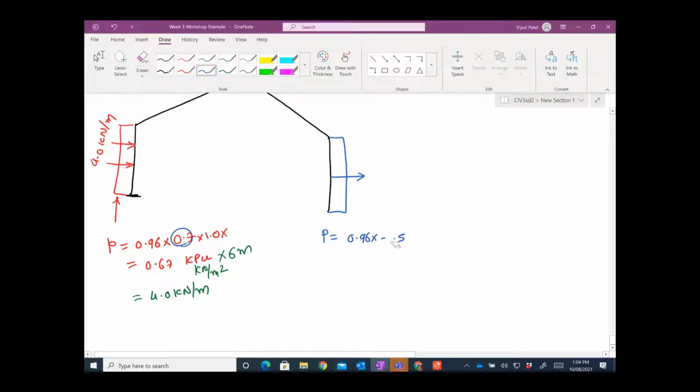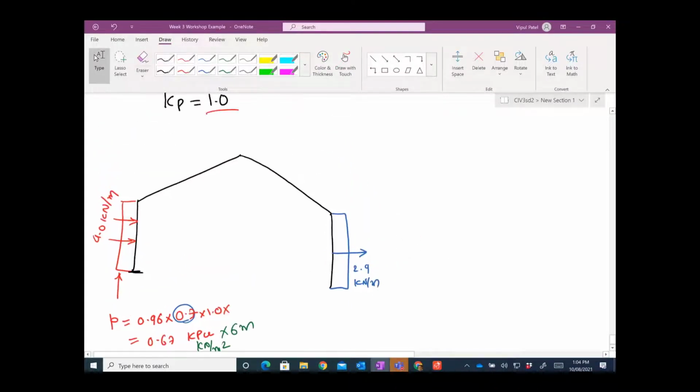I'm not putting the minus, but the arrow will tell me that it is minus. All the factors are 1, and then you have 6 meters. If you work it out, 0.96 times 0.5 times 6, you get 2.9 kilonewton per meter. So you have 2.9 kilonewton per meter. Right, so let me cancel that.